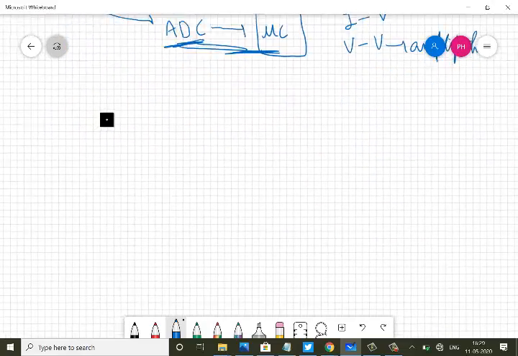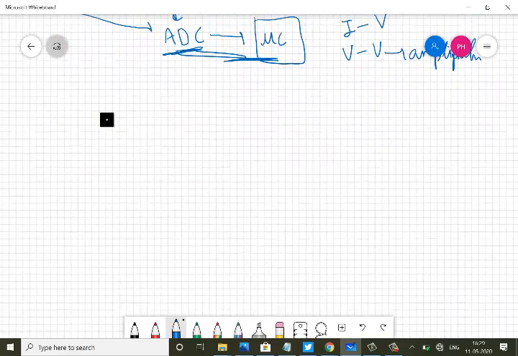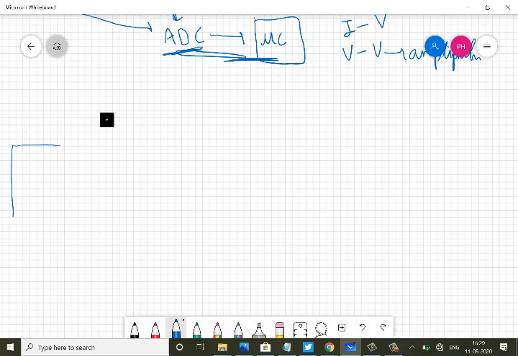So we may have something like this. We may have analog signals. We have the analog world here, and here we have maybe temperature, maybe pressure, or maybe something else, light intensity.